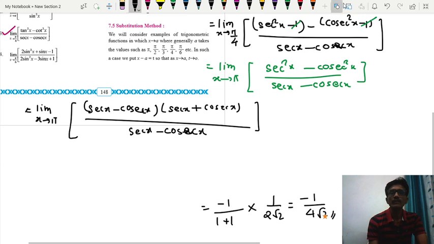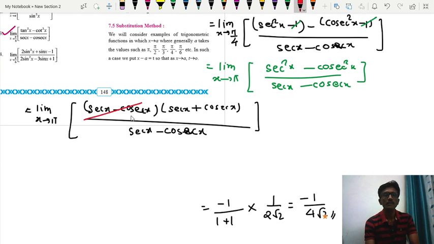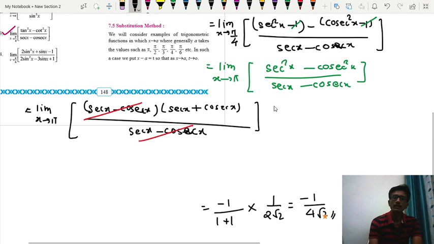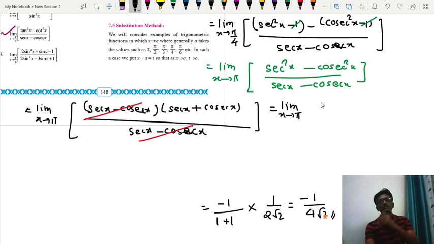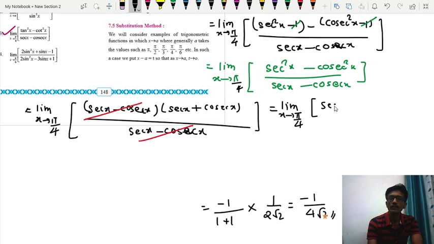Okay, so what can we cancel here? Sec x minus cosec x we will cancel. So what we get is limit x tends to pi by 4 of sec x plus cosec x.